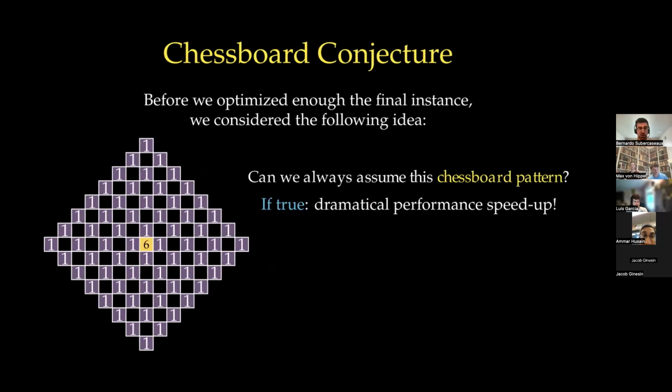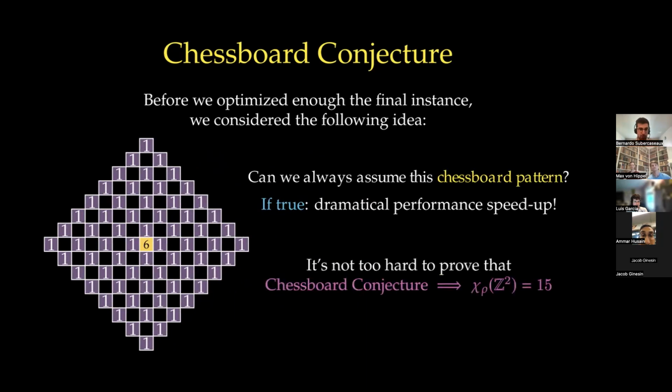Why? Because then you already know what color half of the graph gets. And given that these problems are of exponential difficulty, reducing the input by half is a massive gain. And actually, we proved before we had our full result that if the chessboard conjecture was true, then that was enough for everything.